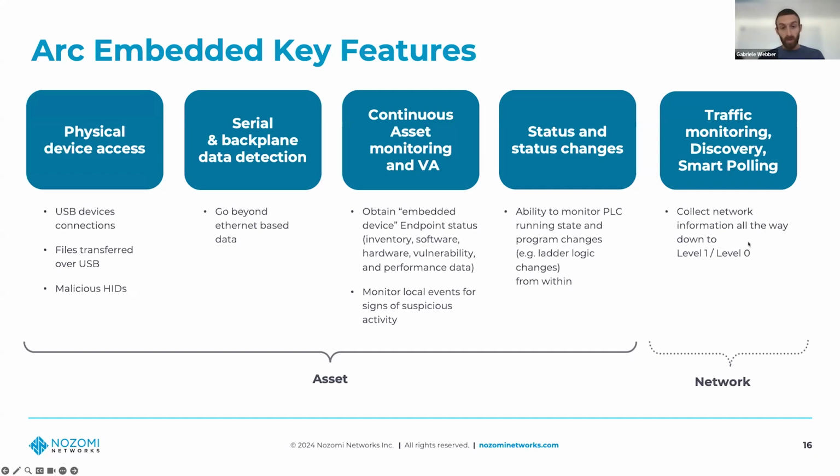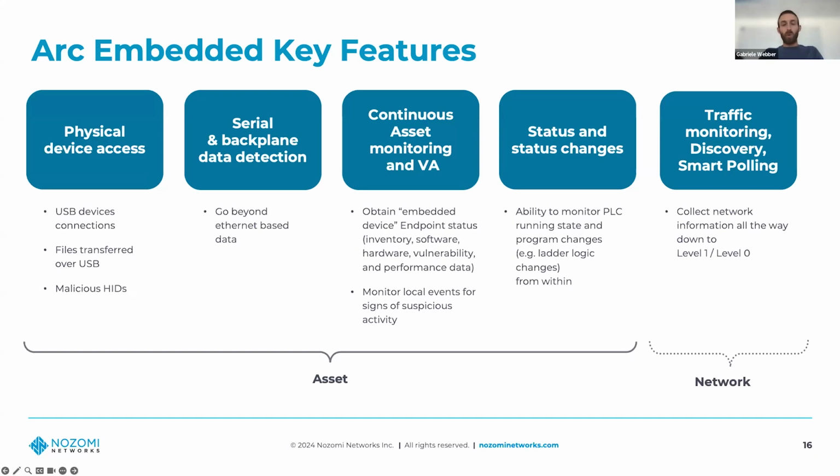And a very important one, status and status changes. Okay, so imagine from within the PLC to spot ladder logic changes, program changes, and we know how important it is. What is the program running on a PLC for the sake of the automation of the process functioning? Spot if there are differences, if there are changes, if there is a hack over there.